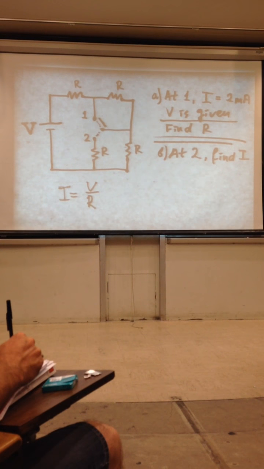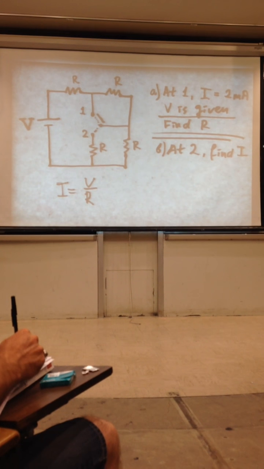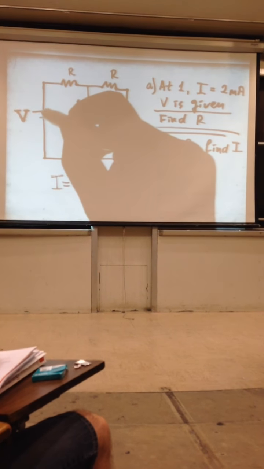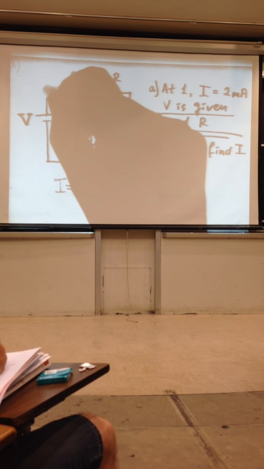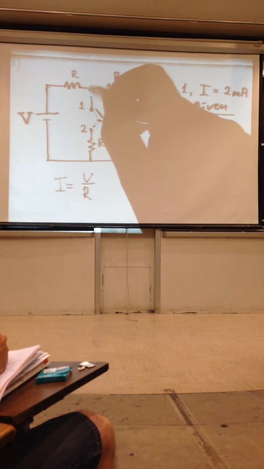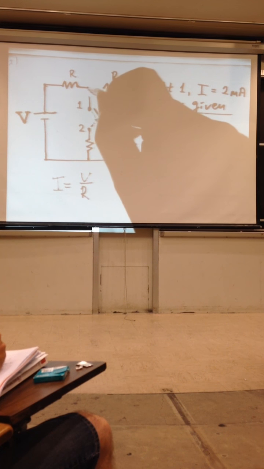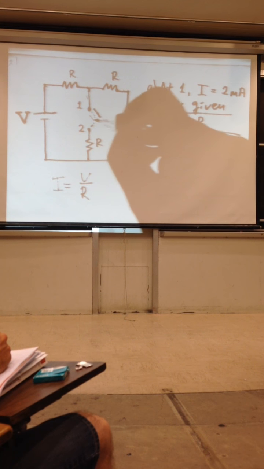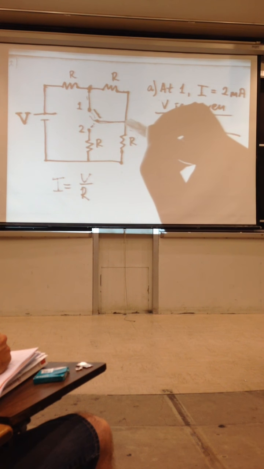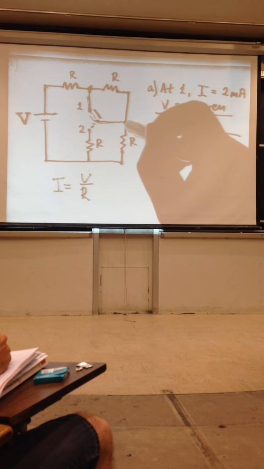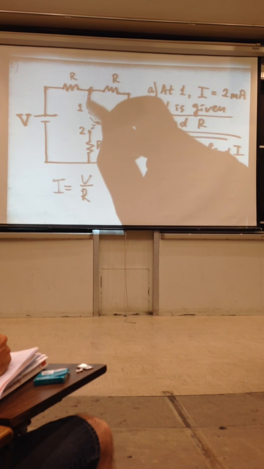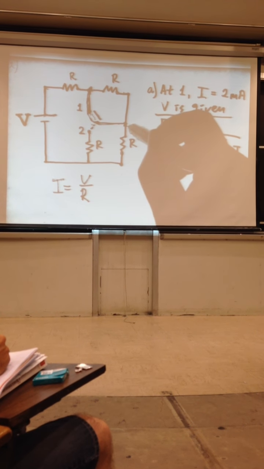When it's at position 1, the current goes from the source, from the battery, through R. Now, how would the current go? Would it go through this R, or from this point to this point? Here there's no resistance and there's some resistance. Total current would go through the wire.